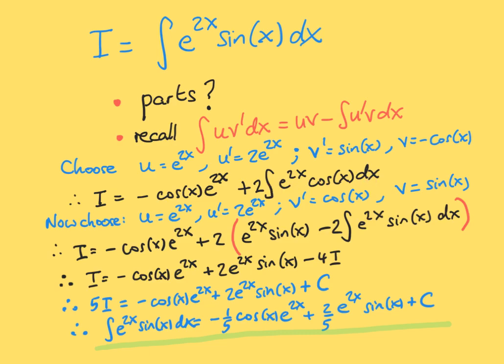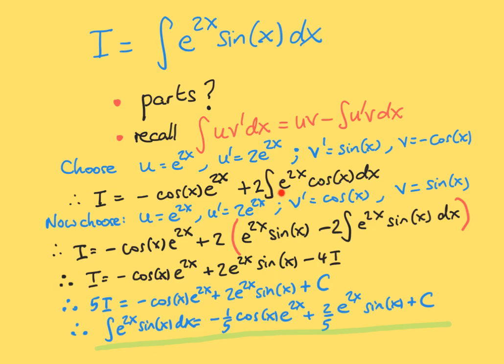And what you might think is, well, this doesn't look like it's helping because we've got exactly the same type of integral again. But what we can do is just try to do it again. And this is something that is quite often needed with integrals when you're using integration by parts and you have trigonometric functions involved.